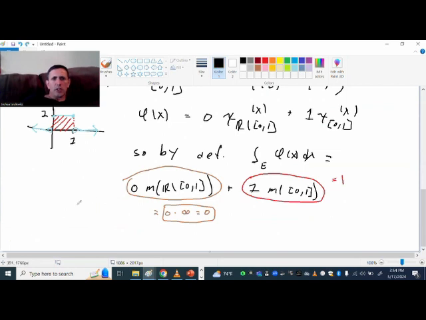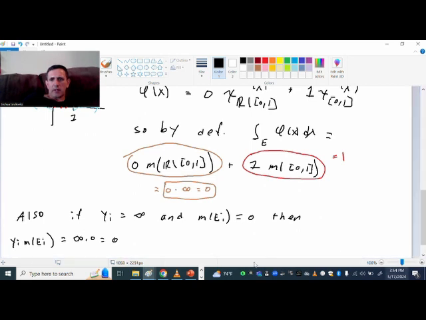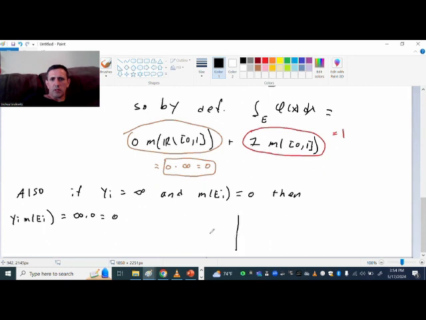In that case, we kind of need it to be consistent, but we still define this to be 0. And the idea is very kind of simple.